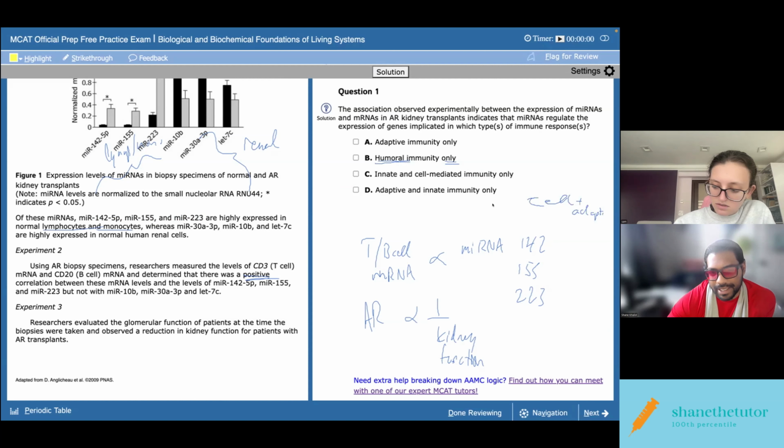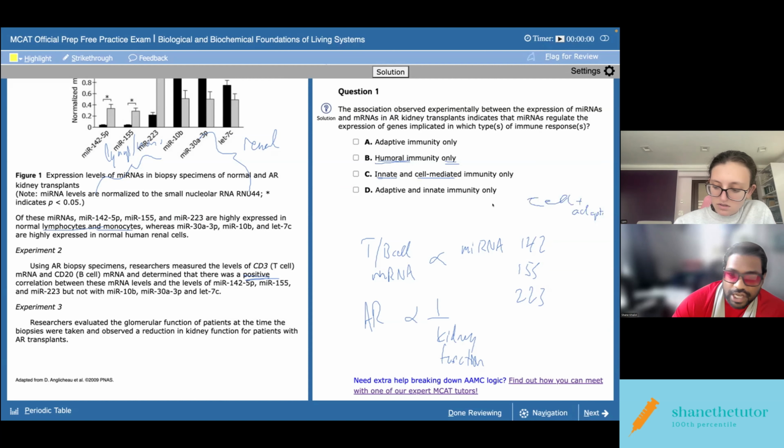C says cell-mediated, which we can certainly have, but innate is not the one that happens in this experiment. D, adaptive and innate only, is kind of everything. You can't have something that's not adaptive and not innate, so that doesn't really help us out. So it ends up being adaptive.